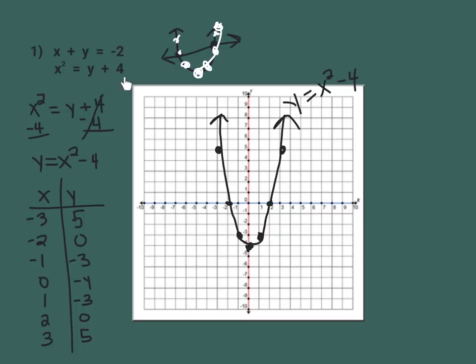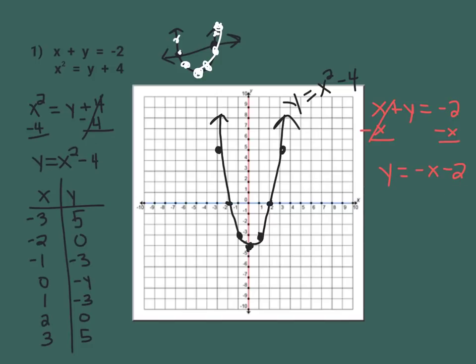That'd be fine. All right, now what we're going to do is graph this one, x plus y equals negative 2. So we're going to do the same thing. Let's get y by itself in that equation. In order to do that, let's subtract x from both sides. So that leaves me with y equals negative x minus 2. You can clear out y1 in your calculator, and now you can plug in this equation.